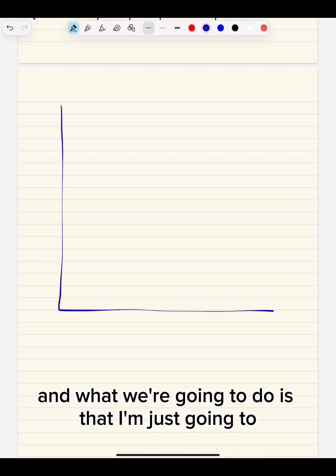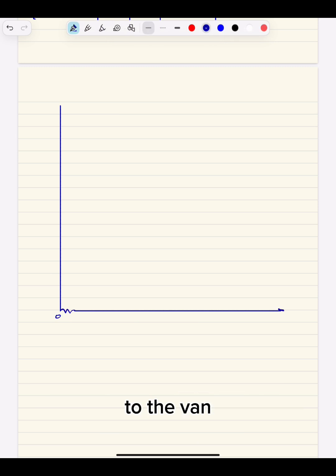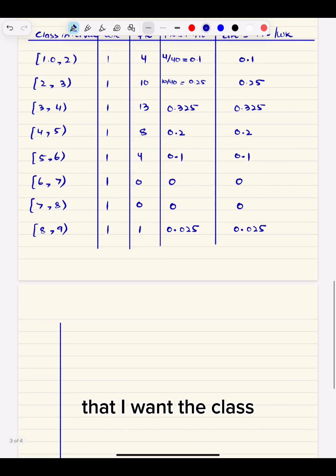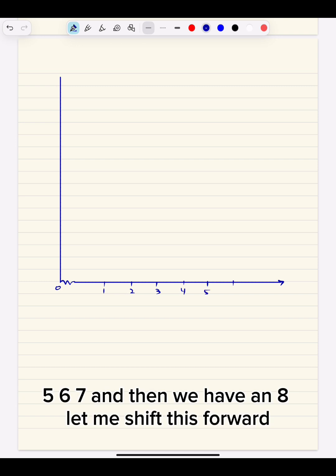And what we're going to do is make a wiggly kind of sign here to show that this starts from 0 and comes to the value that I want. The classes: mine starts from 1, 2, 3, 4, 5, 6, 7, and then we have an 8.